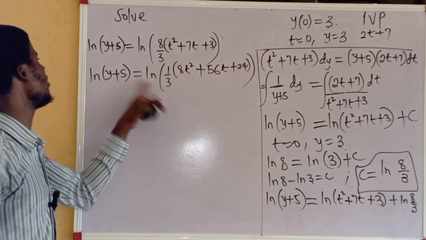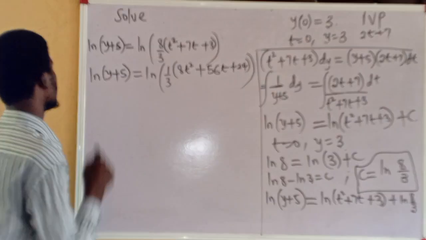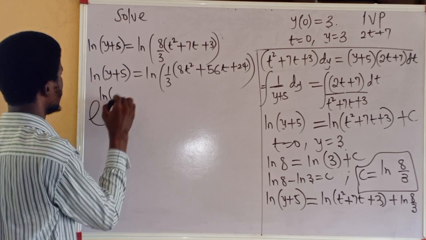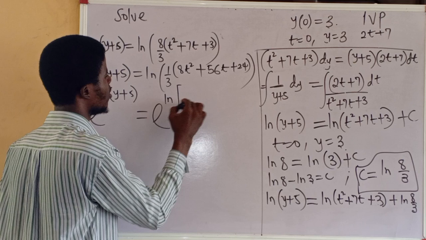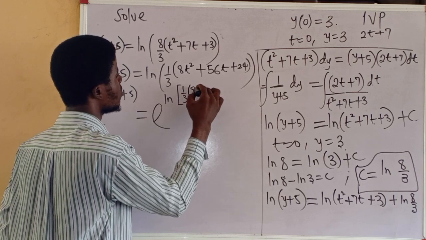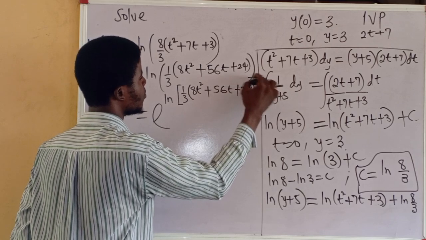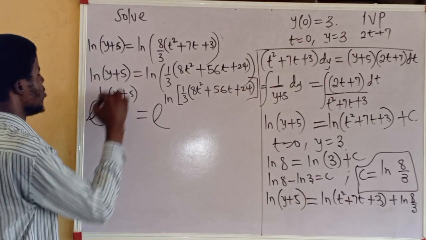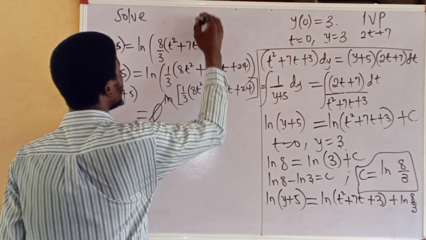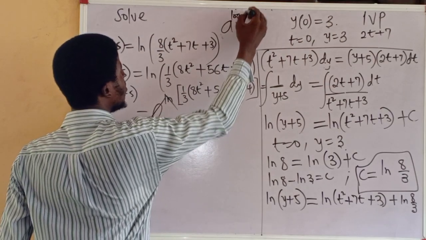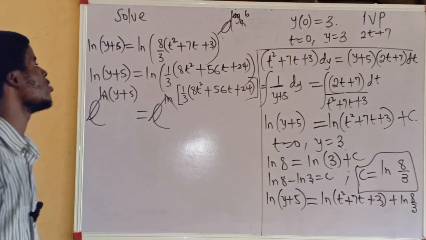To take away the ln from both sides, we exponentiate both sides. E to the power of ln y plus 5 is equal to e to the power of ln of 1 over 3 into 8t squared plus 56t plus 24. So e will take away the ln. By the law of logarithm, a to the power of log b to base a, the a here will take away the log and the base a, leaving us with the b.